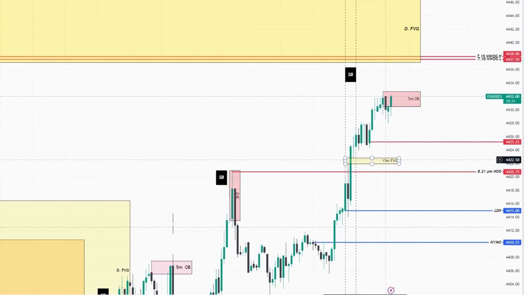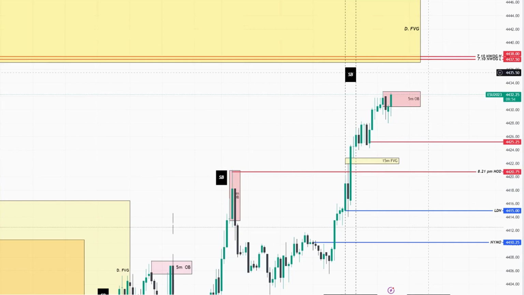There's a fair value gap below at 22.50, but if I had to look at where we could possibly have a retrace, the next low level really comes in at about 24.25, this red line right here. That's where I've got it marked. And the next level below that, if it wants to go down, would be 20.